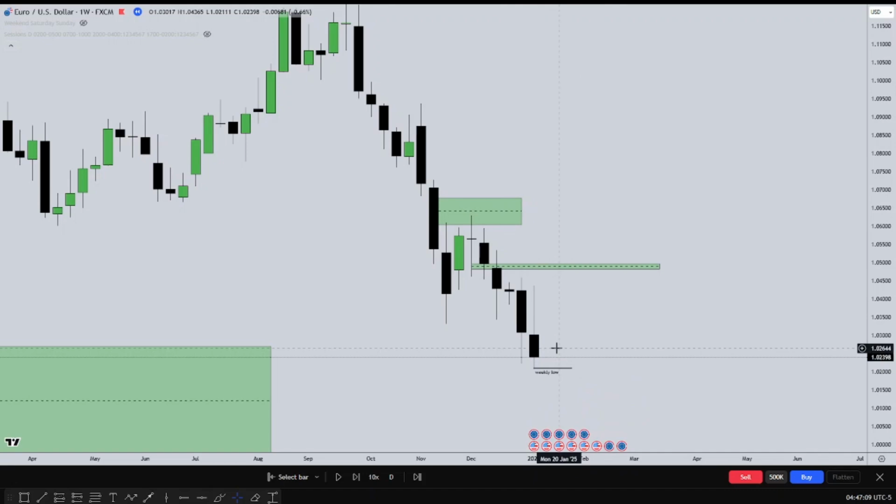So I applied a few rules. I need to see price run the previous candle's high or low. In a scenario where I'm anticipating a retracement back to this liquidity void, which means I'm looking for an uptrend, I would like to see price run the previous week low, then a 4 hour shift in market structure.